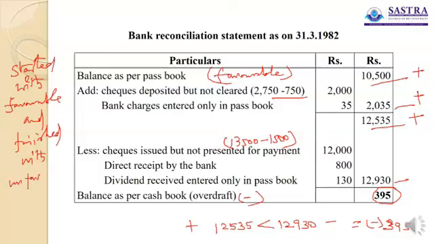This is what is to be highlighted now. Hope you would have understood the basic things and the procedures for the preparation and presentation of a bank reconciliation statement with the help of the above said illustrations.